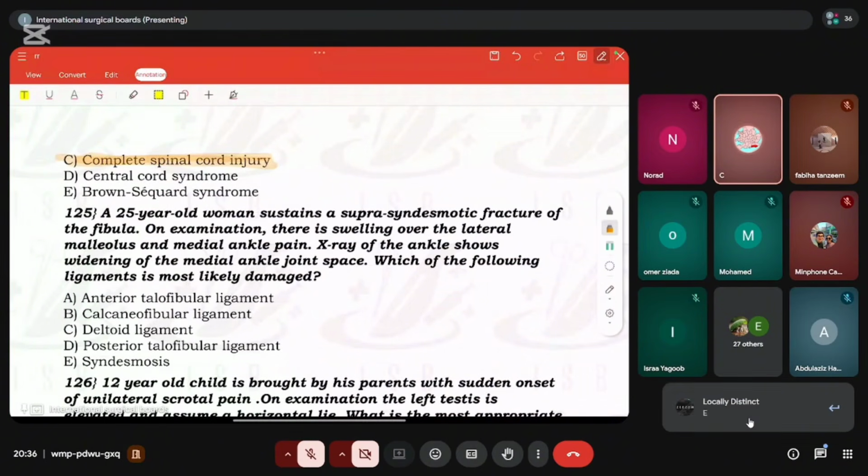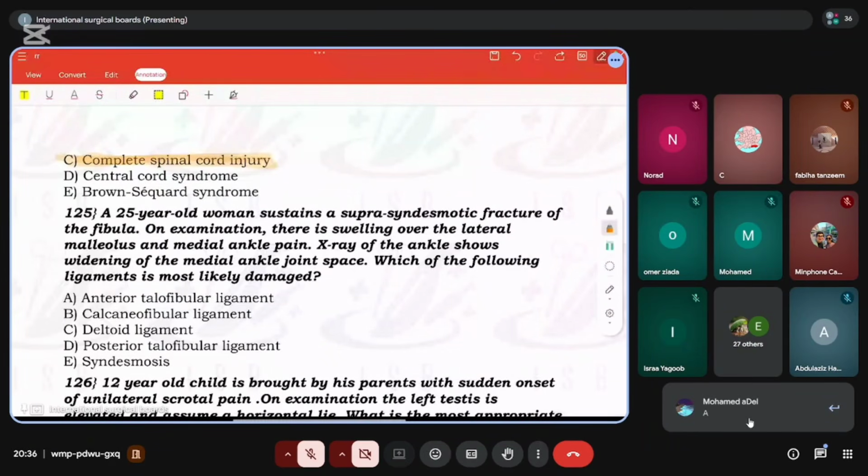So the lateral malleolus, medial ankle pain. I think it may be the deltoid ligament. Oh, that's impressive, yes. That's the correct answer, deltoid ligament.